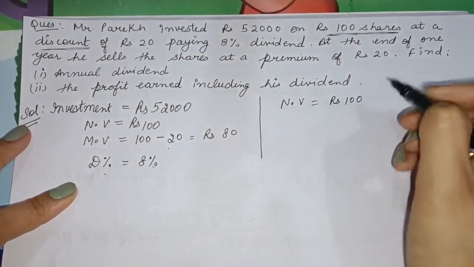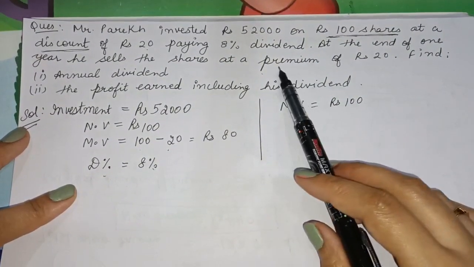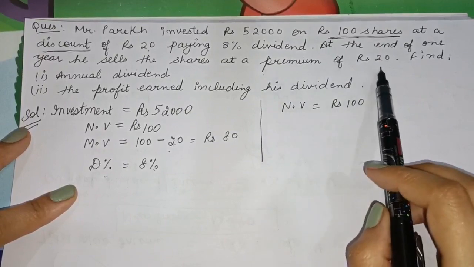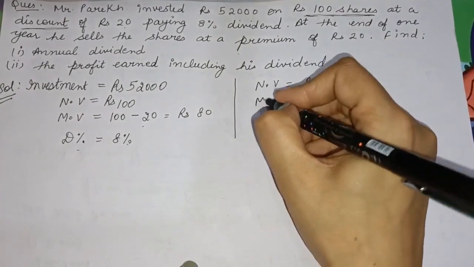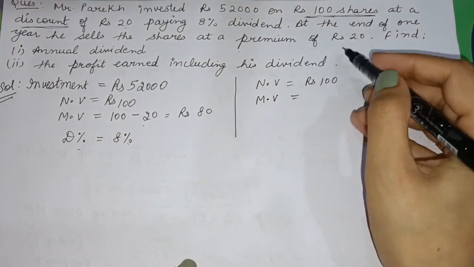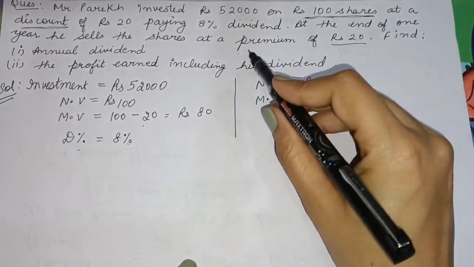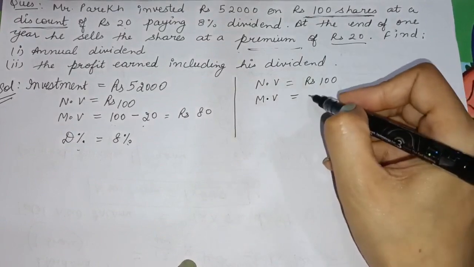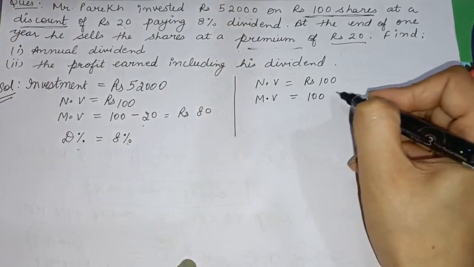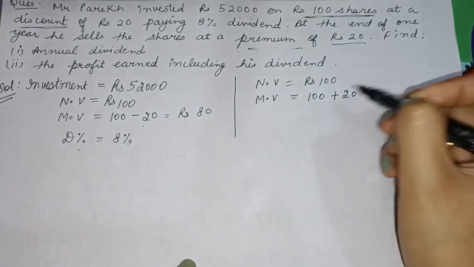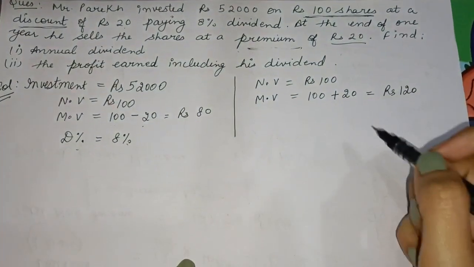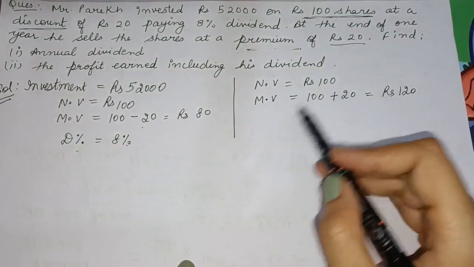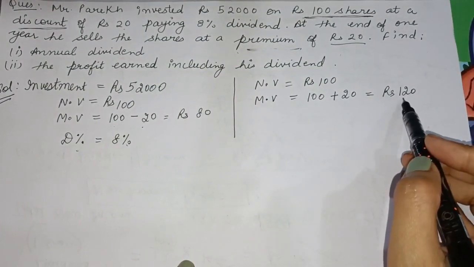Rupees 100. Now you can see this word, at a premium of rupees 20. Premium means above par. So MV in this case you can find with the help of this. Whenever the word premium is mentioned, in NV, that is 100, you just have to add this premium. So here market value became 120. So NV is 100, market value is 120.